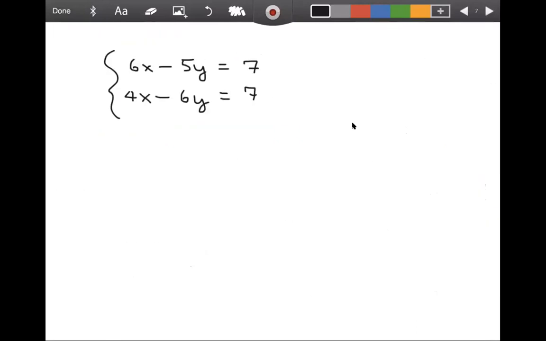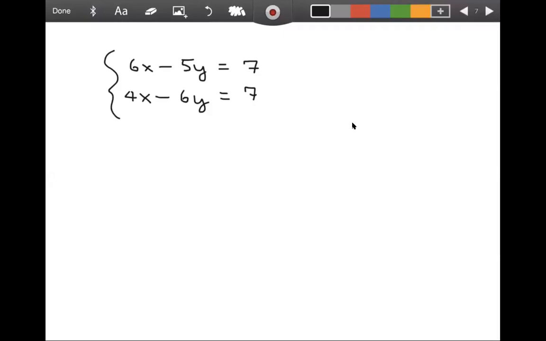All right, next example. All right, this one's a bit of a challenge. We have 6x minus 5y equals 7 and 4x minus 6y equals 7. So when you start thinking about multiplying one of these equations by a number to get opposite coefficients, you get a little stuck, don't you?